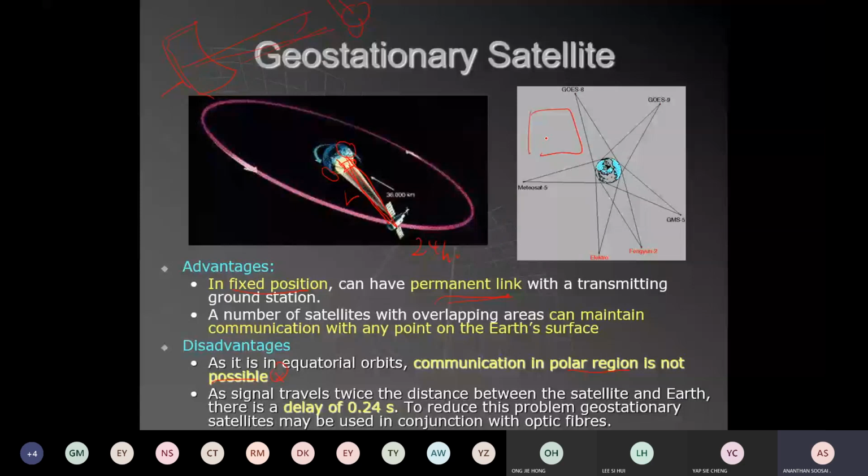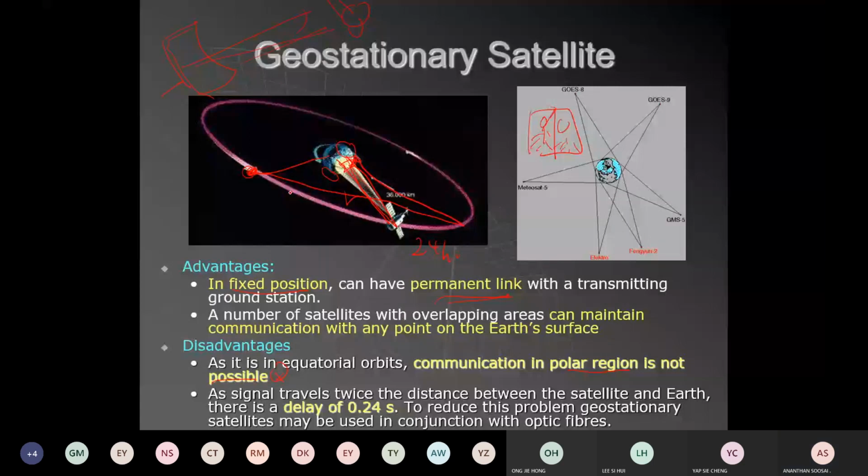The person asking the question may be from the UK and another answering from Japan. When she asks the question, the other person won't answer immediately. You need to wait a few seconds, about 0.24 seconds, before he answers. So there is a delay. The signal from the UK goes to the geostationary satellite above the UK, then to another satellite on top of Japan, and is sent to Japan. So it takes time, a delay.